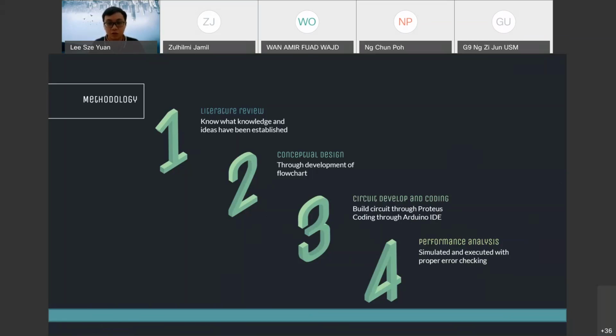We draw out the flowchart and write down what we need for the component parts. Then we develop the circuits and coding: we build the circuits using Proteus software, and the coding is done in the Arduino IDE. The last part is the performance analysis and results. We simulate and execute with proper error checking. We check it and test it again so that there is no error in it.